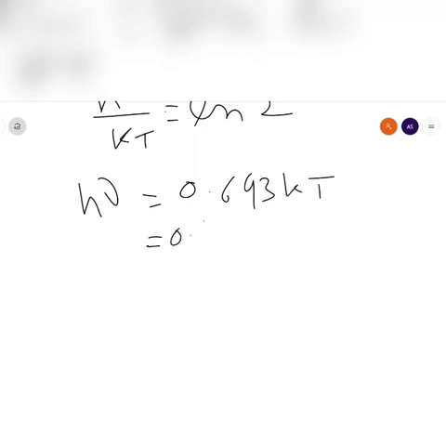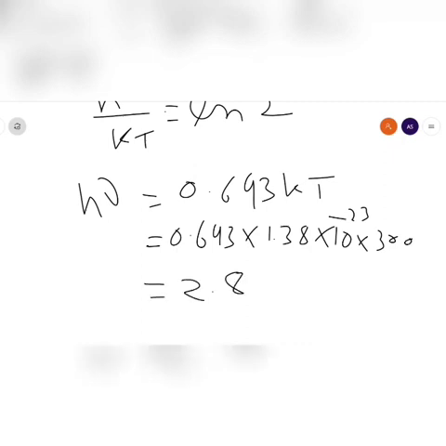You know the value of k, 1.38 into 10 to the power minus 23 into 300. You will get the result 2.87 into 10 to the power minus 21 joule. It is the final answer of your question.